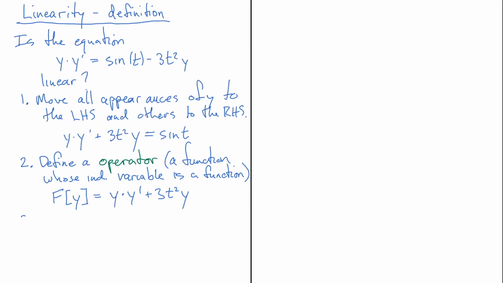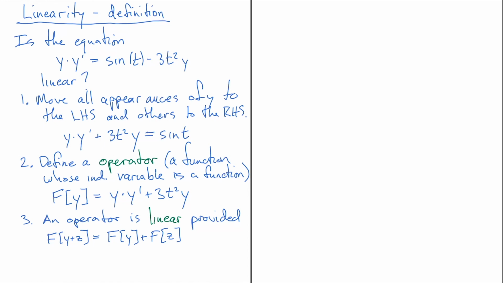Okay, so now to determine linearity of an equation, or an operator, I should say, an operator is considered linear provided the following statements are true. F plugging in y plus z gives you the exact same answer as F plugging in y and then adding F plugging in z.